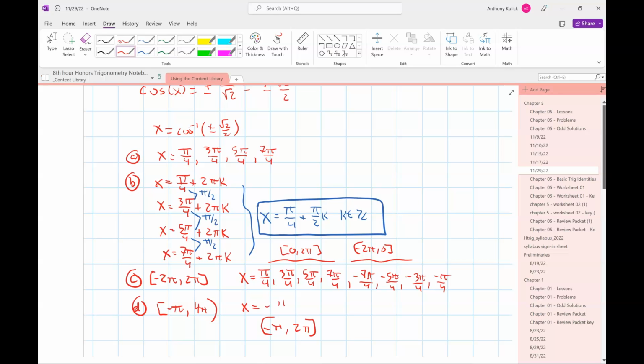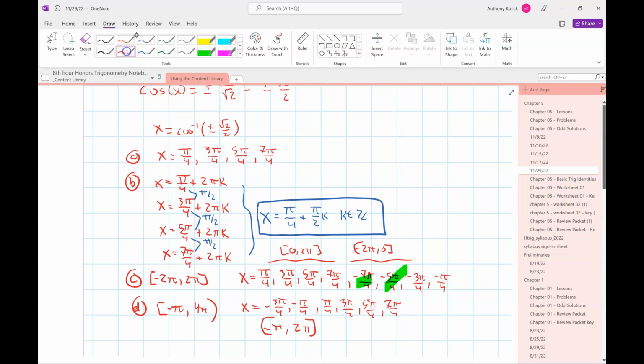So I have negative 3 pi over 4, negative pi over 4, and then positive pi over 4, positive 3 pi over 4, positive 5 pi over 4, positive 7 pi over 4. That's all the stuff from negative pi to 2 pi.